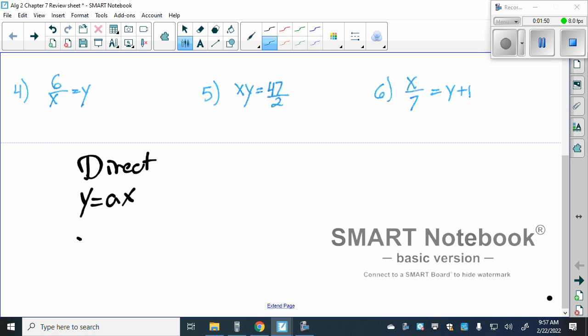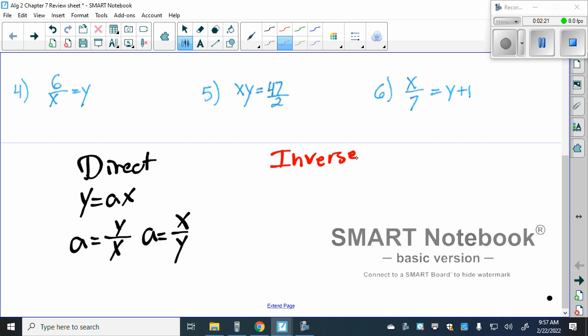We can also get the a by itself by setting it equal to y over x. We essentially divide both sides by x. That's actually not any different than saying a is equal to x over y. It's just changing whatever the value of a is from a numeral, so 2 to 1/2 or 1/2 to 2. It's just flipping it. But all three of these are similar versions of direct variation.